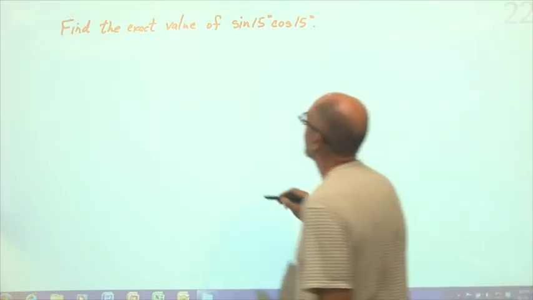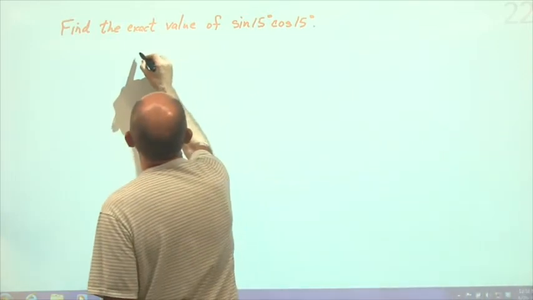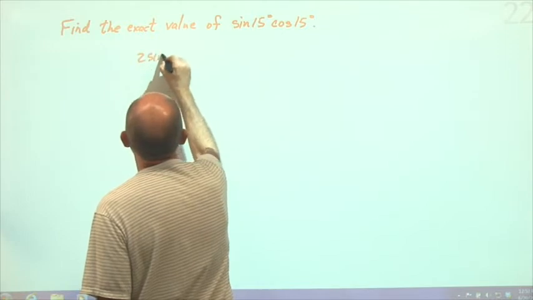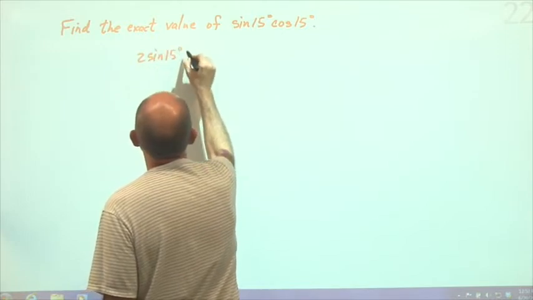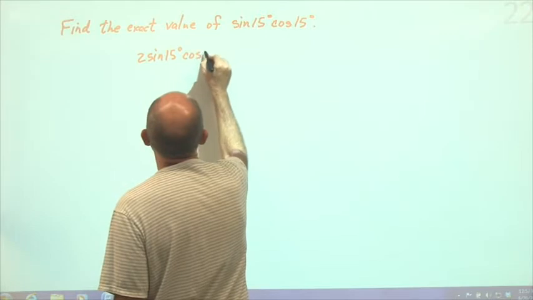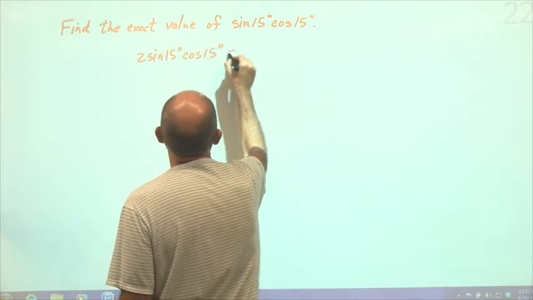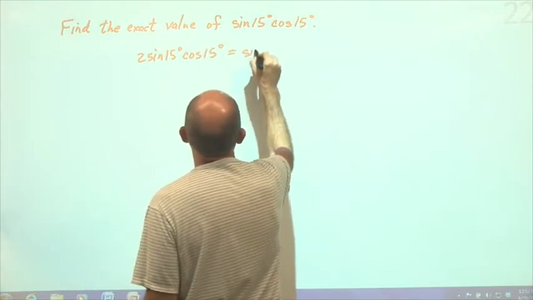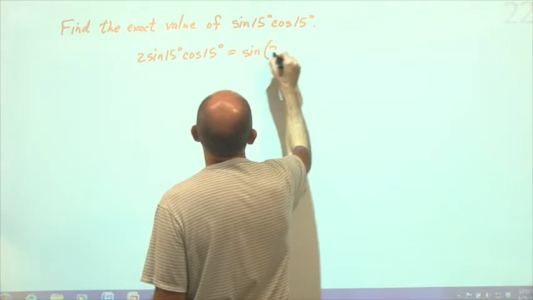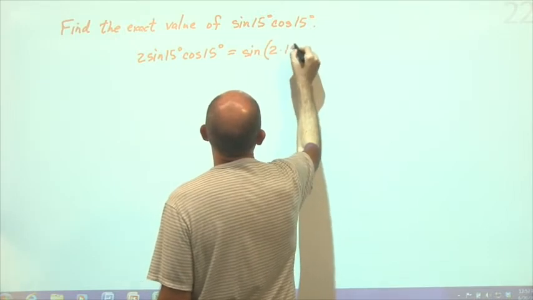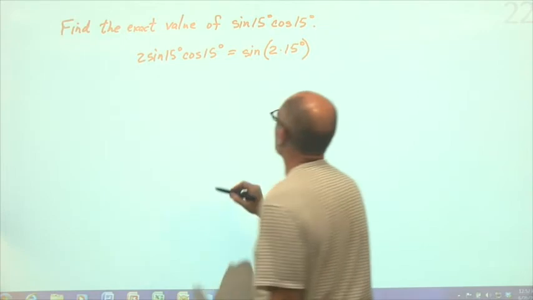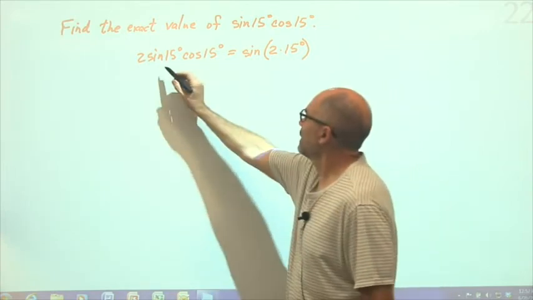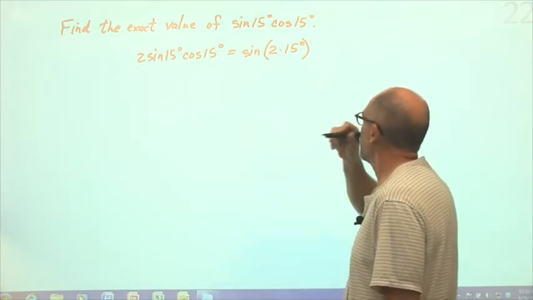So we could say that 2 sine theta cosine theta equals sine of 2 theta. There's your identity. 2 sine theta cosine theta equals sine of 2 theta.